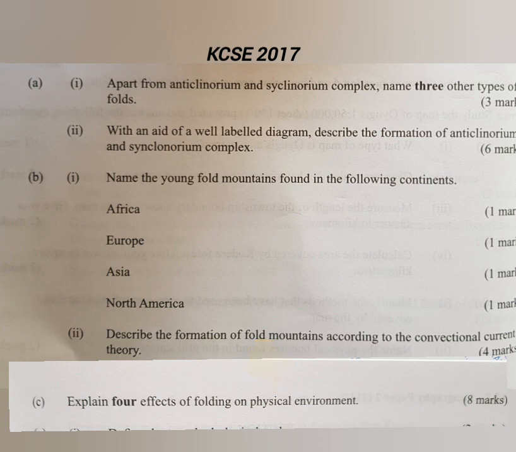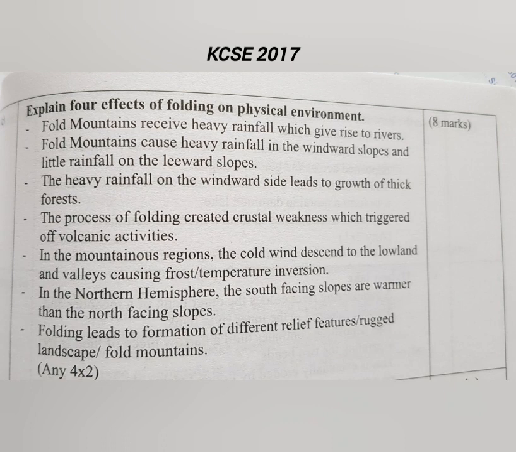The effects include, number 1, folding creates steep slopes that form rugged mountain topography. Number 2, fold mountains receive high rainfall on windward side, thus supporting dense forests. Number 3, folding may weaken the crustal rocks, creating fault lines through which magma may escape, and this can trigger volcanic activity.